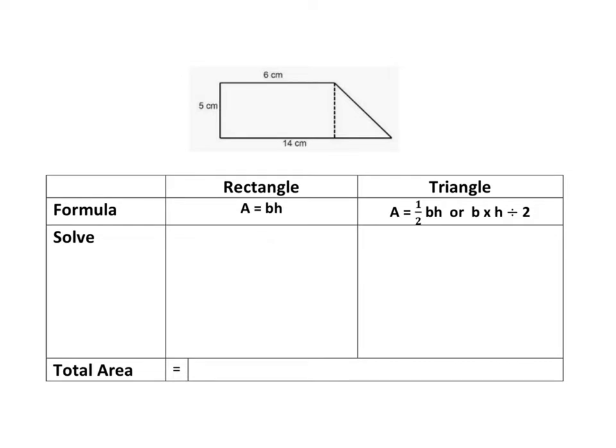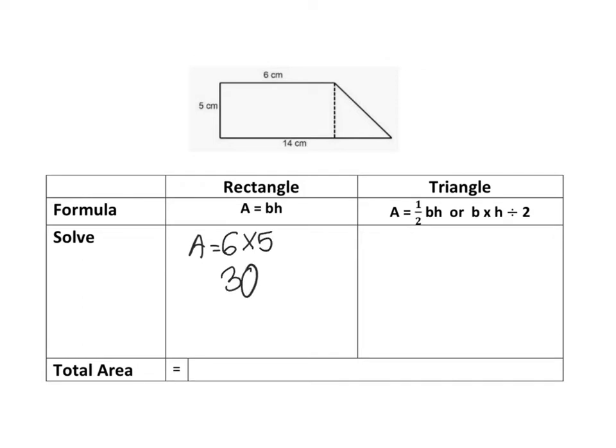That's the easiest, so we start with that. So area equals our base, which is the top part right here. 14 goes all the way across, so we can't really do that yet. So our base is 6, and our height is 5. 6 times 5, and we get 30.